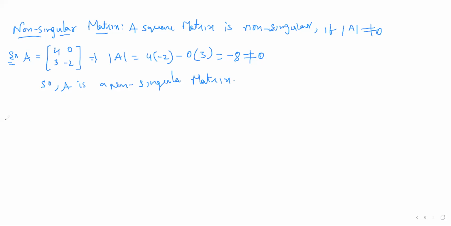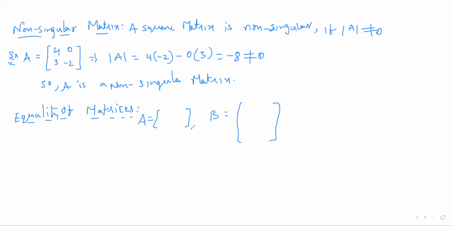Next concept is equality of matrices. That is, if you are given two matrices, one matrix A equal to this one and another matrix B equal to another one, when do you say these two matrices A and B are equal?